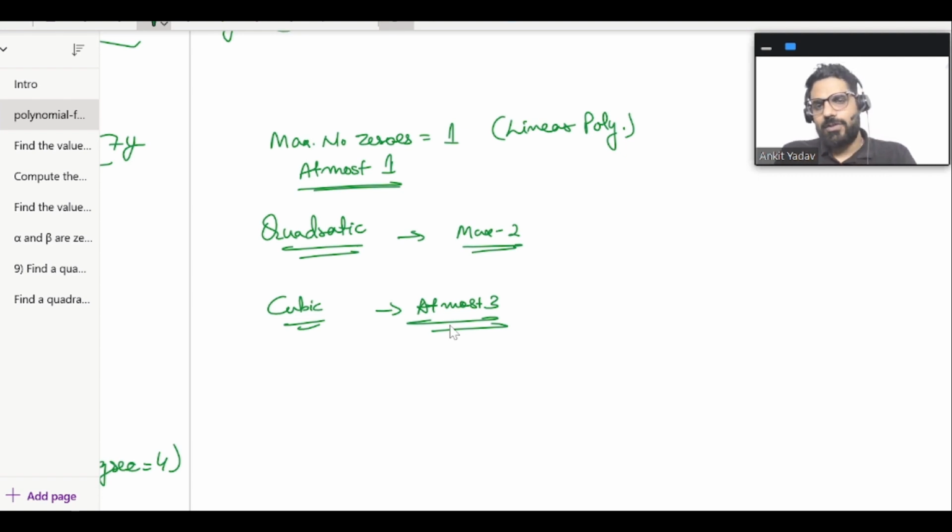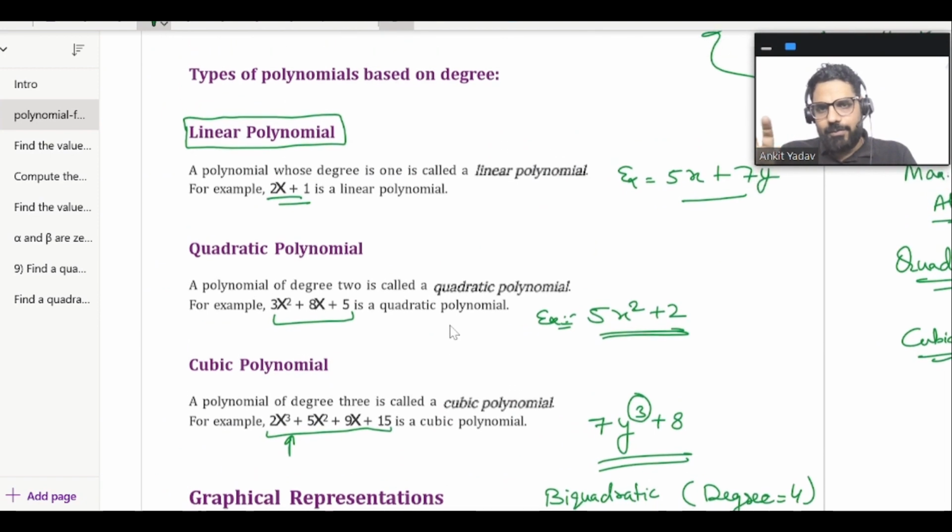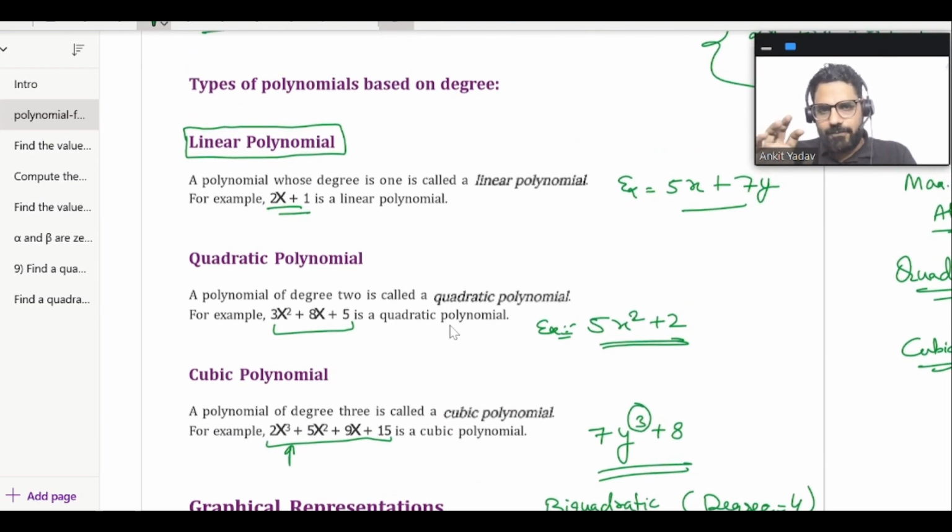Fine. So this is all about the number of zeros of the given polynomials, right? We have discussed the types of polynomials on the basis of degrees and terms, right? So yes, we will study further things, the graphical representation and all, in the next lecture.